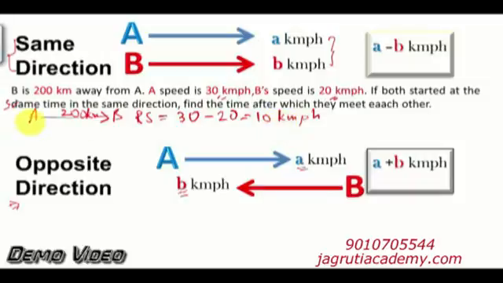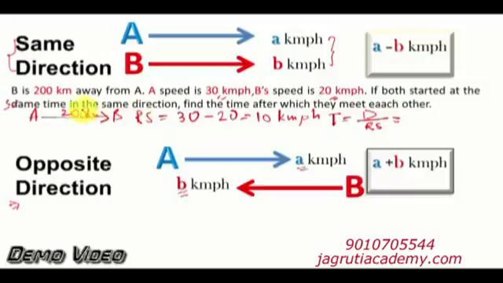How much time will it take for A to catch B? Time is equal to distance by speed, as we used to do. In this case, as both persons A and B are moving, I will take relative speed. So distance by relative speed.